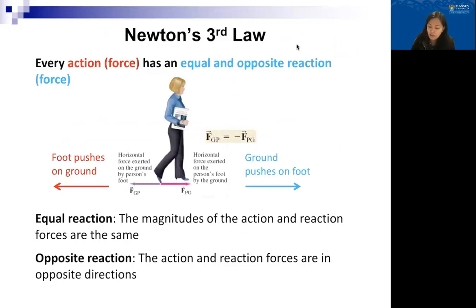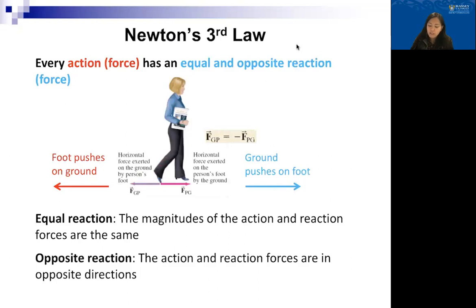Consider in this figure a woman that's walking. The woman's foot is pushing on the ground, and the push force has a direction to the left. So the foot pushes on the ground to the left. The reaction to this action force would be the ground pushing the foot to the right. So you can see there are two interacting objects, the woman's foot and the ground.